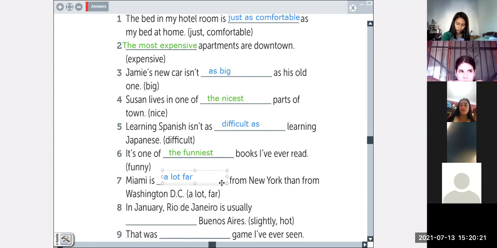F-A-R-T-H-E-R. Farther. Okay. Yes. Farther. Miami is a lot farther from New York than from Washington. Very good. Let's go with Mariana. Number 8, please.